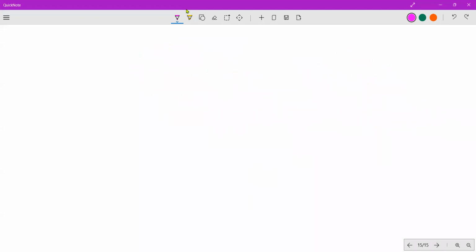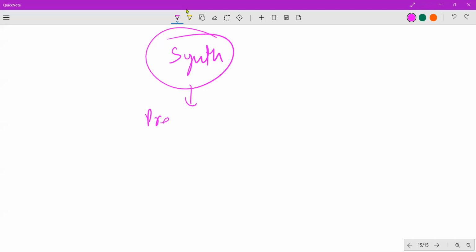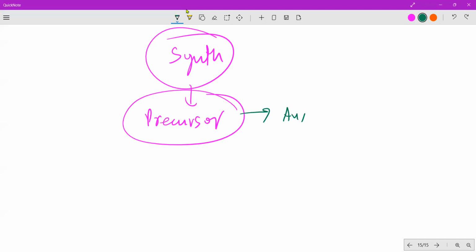Where auxin is made, where it is synthesized. Now the question is, when we are talking about the synthesis of auxin, I can ask you what is the precursor for auxin synthesis? A question was asked. What is the precursor for auxin synthesis?